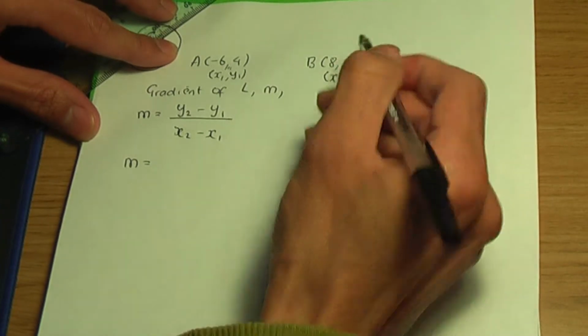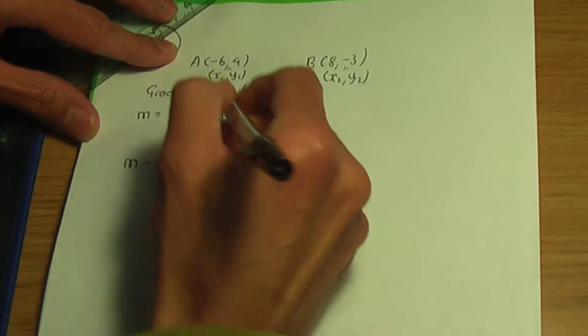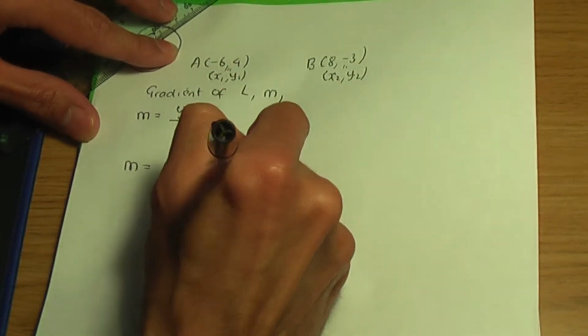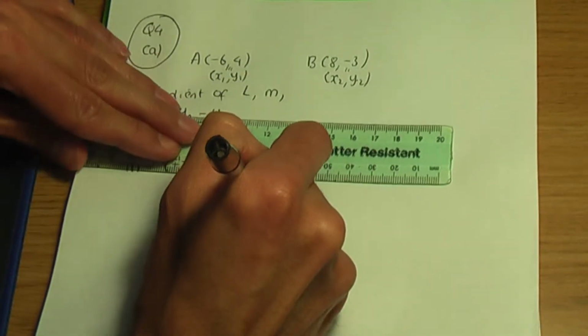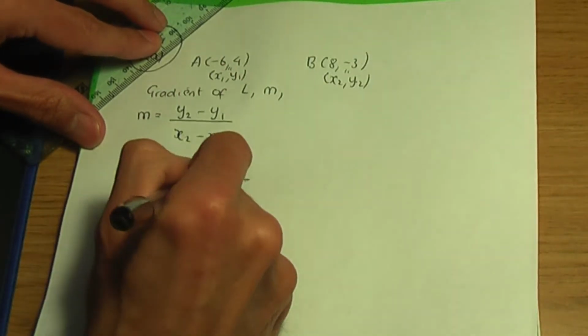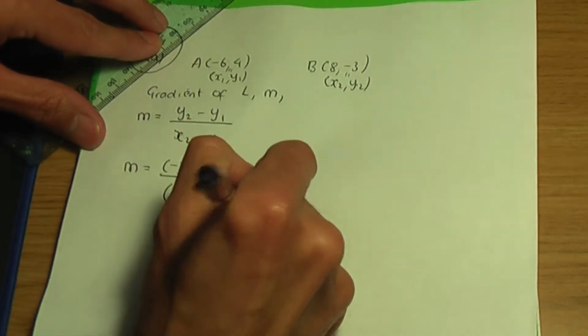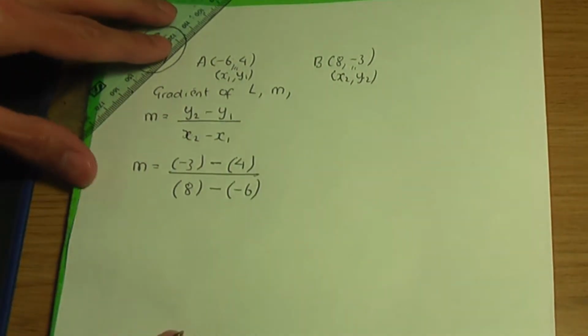So y2 corresponds to -3, minus y1, that corresponds to 4, divided by x2 corresponding to 8, minus x1, that corresponds to -6.